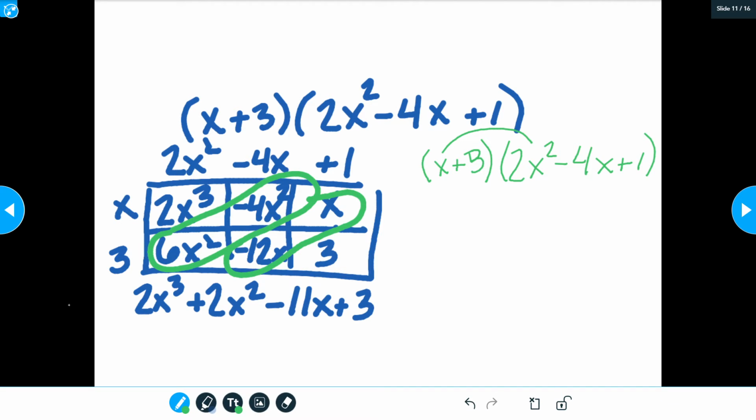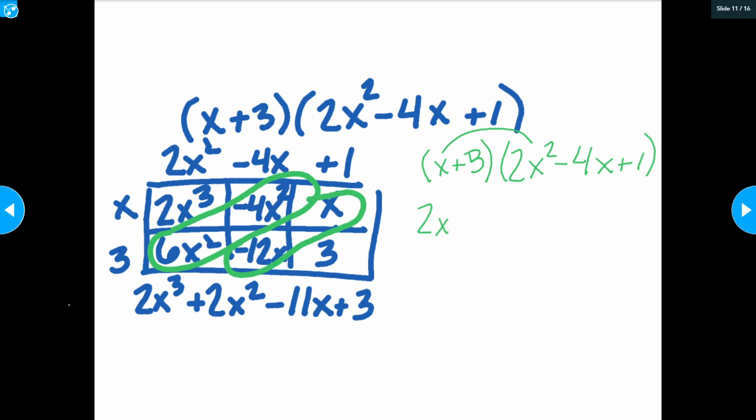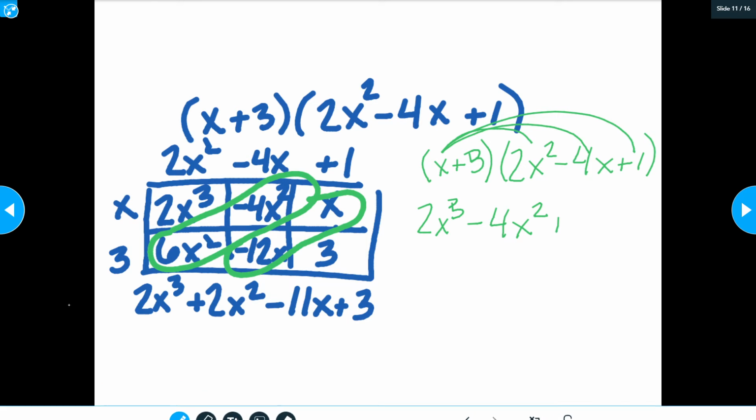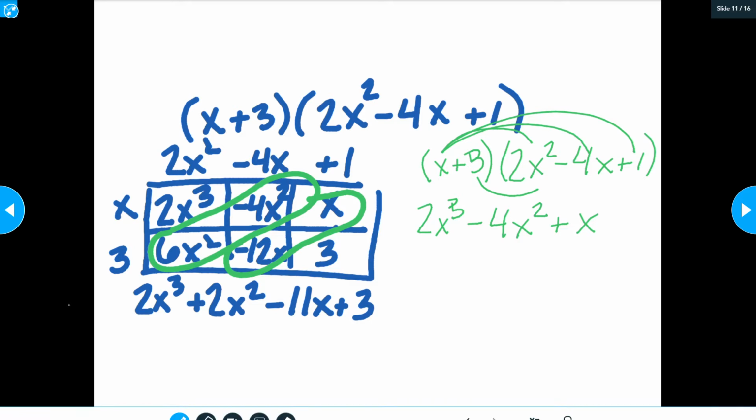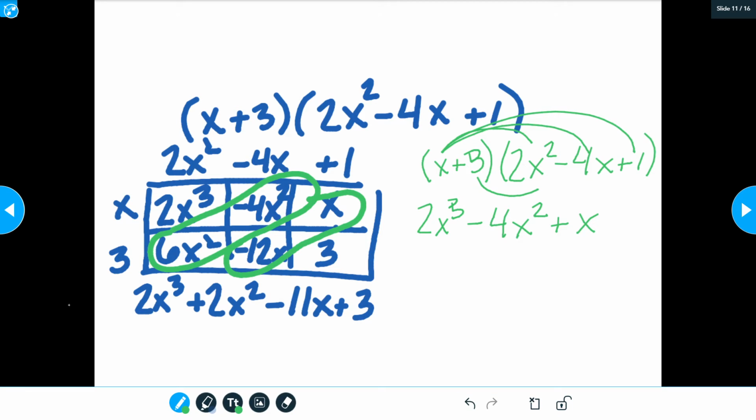So x times 2x squared is 2x to the third. X times negative 4x is negative 4x squared. X times 1 is x. 3 times 2x squared is 6x squared.